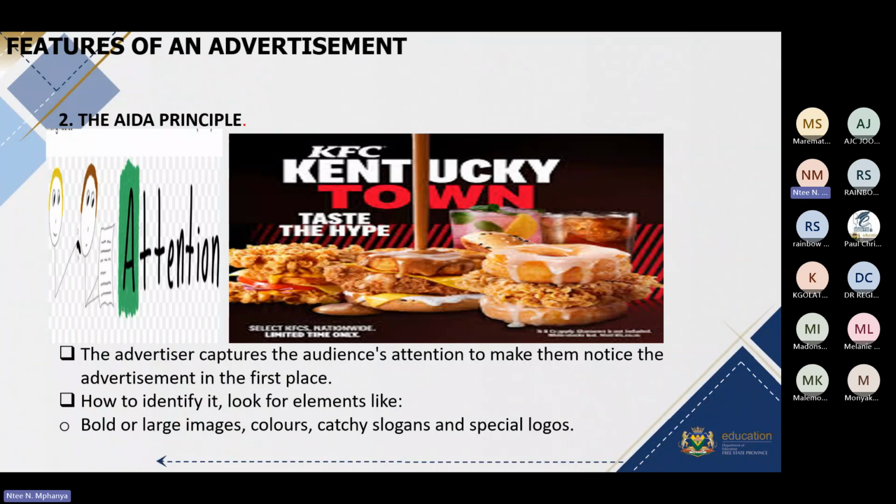This is the logo that is familiar to everyone. Therefore, your attention will be caught by the KFC, the images of donuts, and this dripping topping they used, and you will also be drawn to the letters, different letter sizes and their colors.